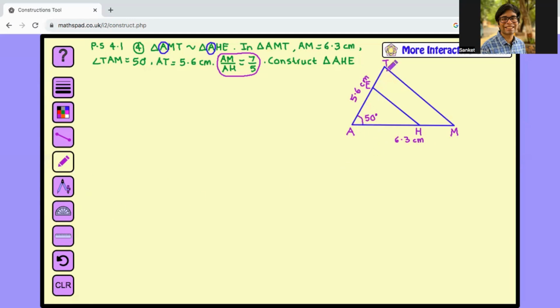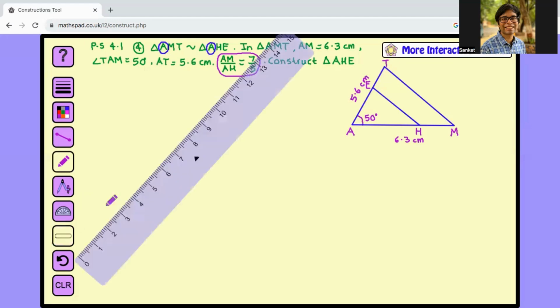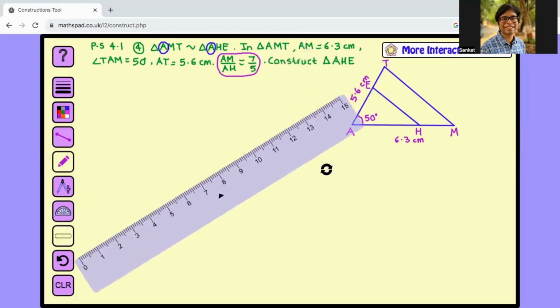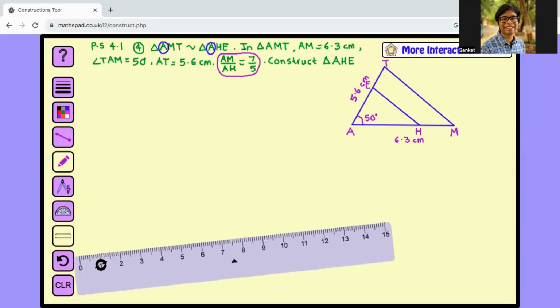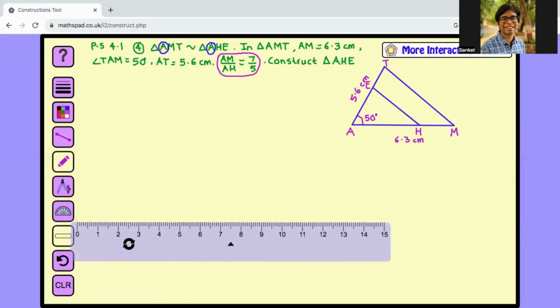I'm going to start by constructing the larger triangle because we know all the measurements for the larger triangle. Let's start by constructing the base first.